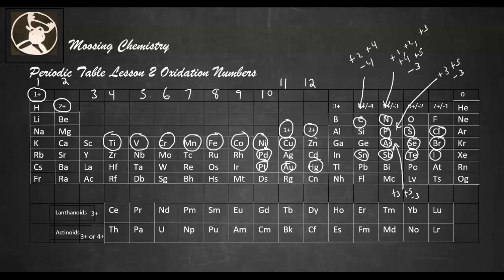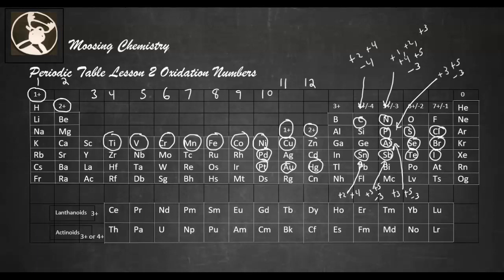Let's look at tin. SN here, right? Tin is going to be a +2 or a +4. Okay. What about antimony? Well, antimony, right there, SB, can have multiple charges too. It's going to be a +3 or a +5 or a -3.